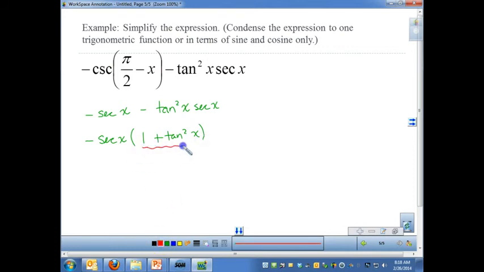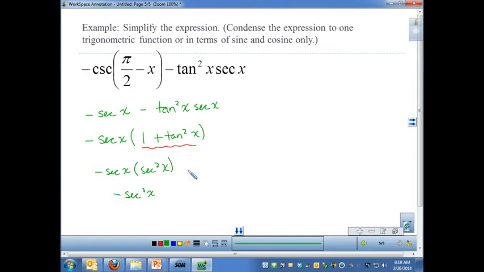Then if I look at this 1 plus tangent squared and I look at my chart, I can see that that's equal to secant squared. So I have negative secant of x times secant squared of x. So that's negative secant cubed of x.